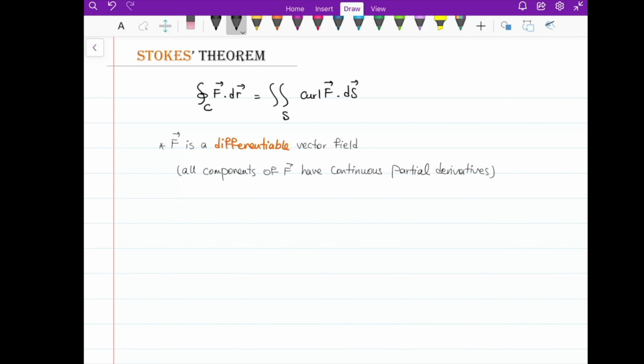Okay, and so F is a differentiable vector field.